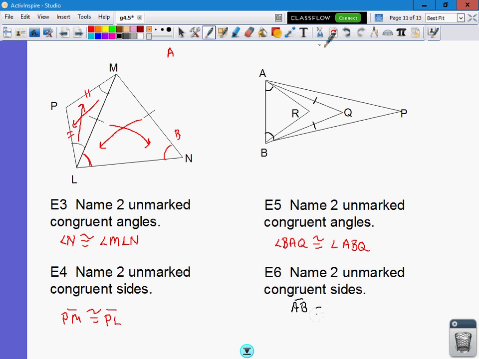AR, not AB, is congruent to BR. Everybody good?